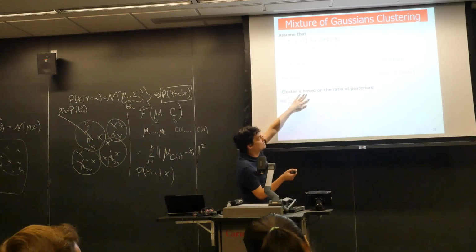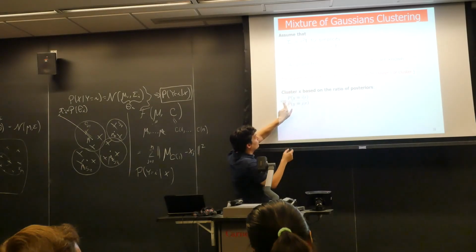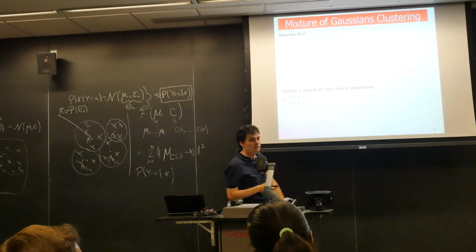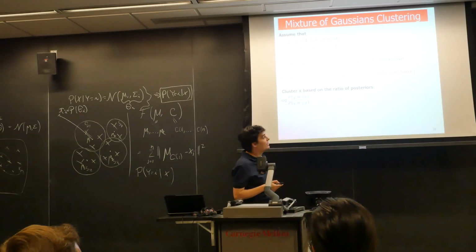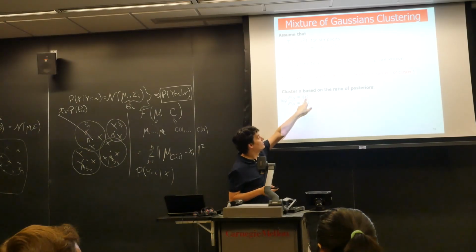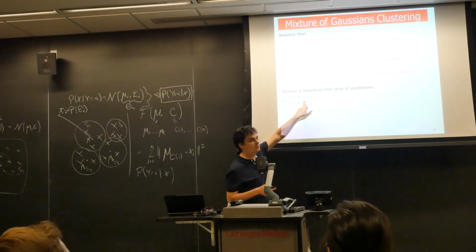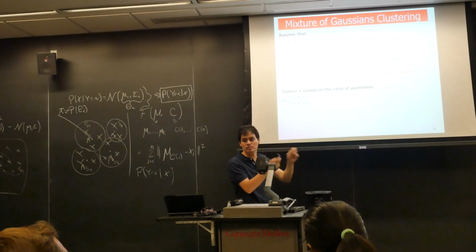If it is less than 1, then it belongs to cluster j. Let's calculate the log ratio of this. It means that if this is bigger than 0, then this point belongs to cluster i. If it's less than 0, it belongs to cluster j, if I just need to make a decision between i and j.